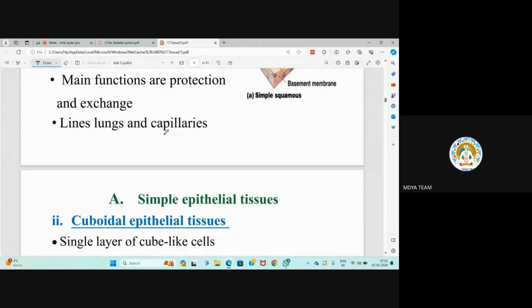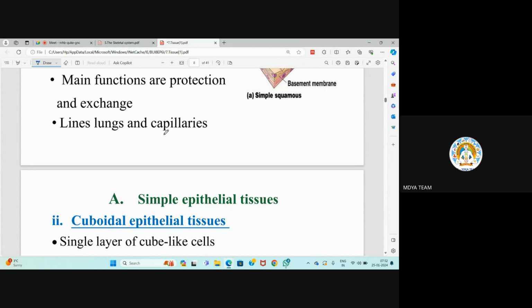I'll just suppose. If you make a cut in any portion of the body, blood will come out. But every portion of the body is not containing artery and veins. So the miniatures of blood vessels, minute portions of blood vessels, are found everywhere in the body. Those are capillaries.